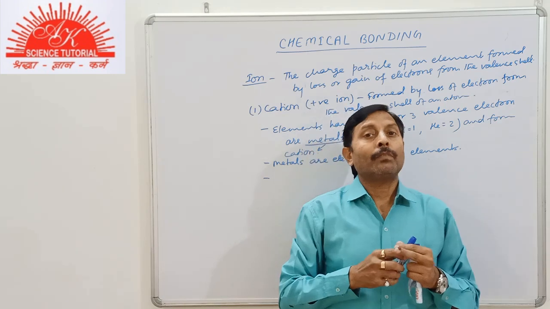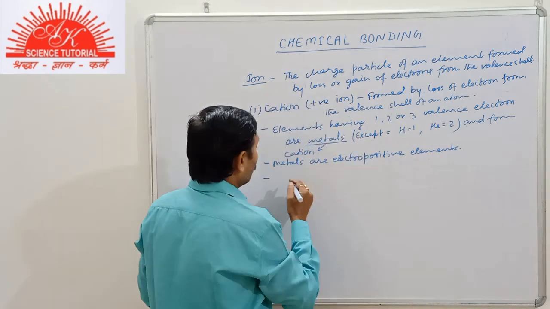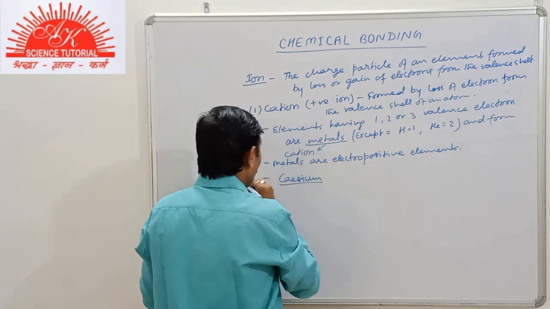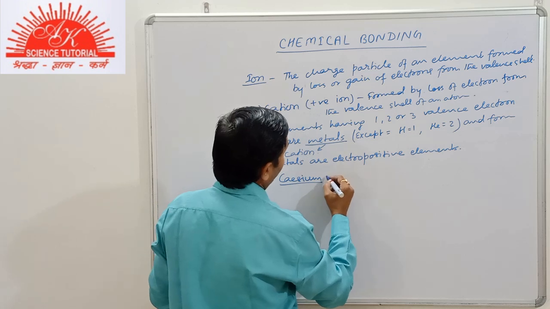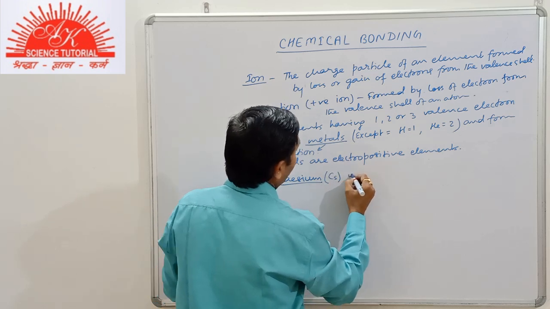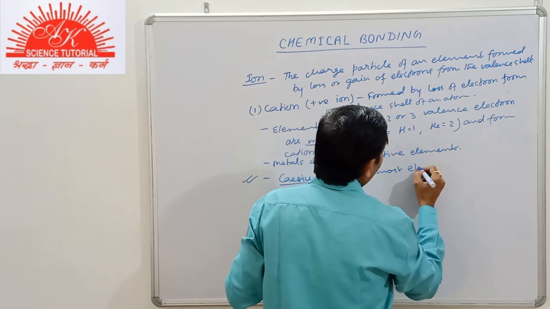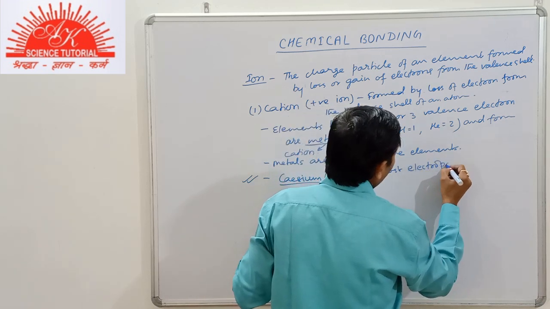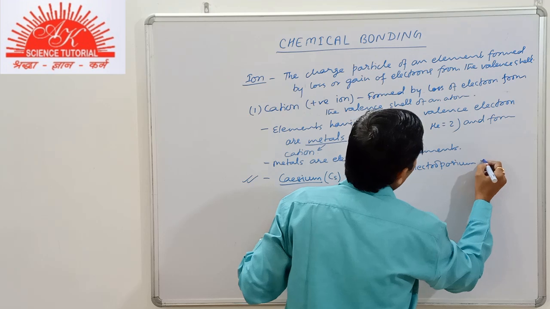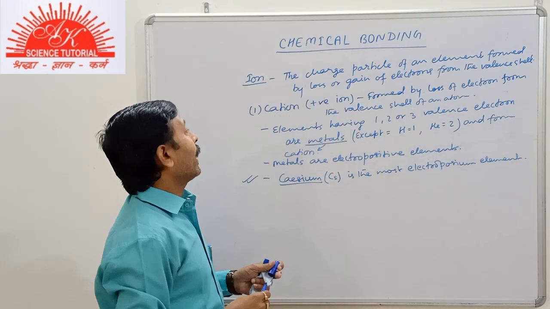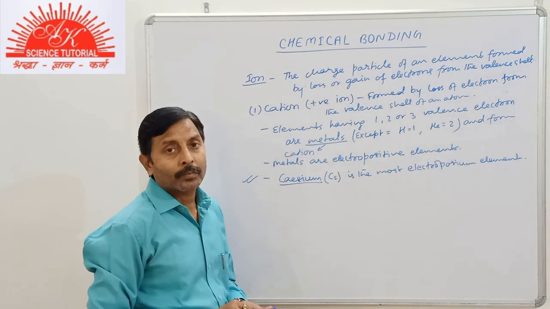So cesium, Cs, is the most electropositive element. So I have just mentioned the cation.